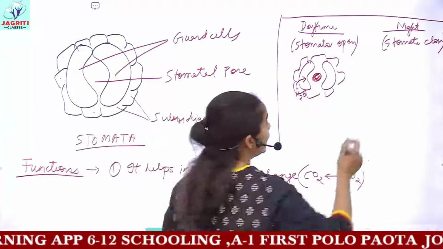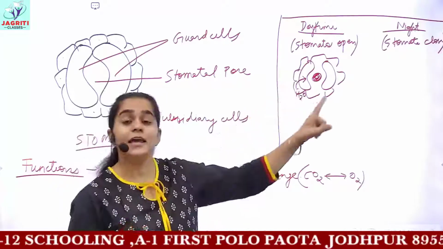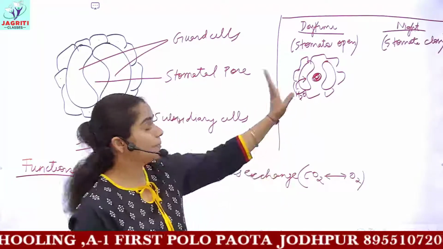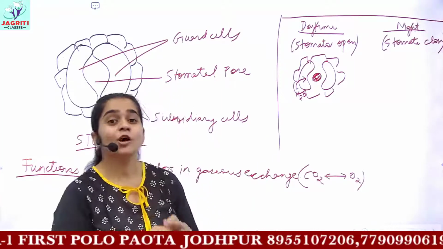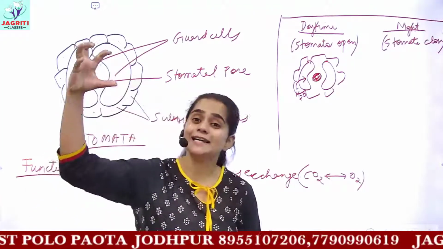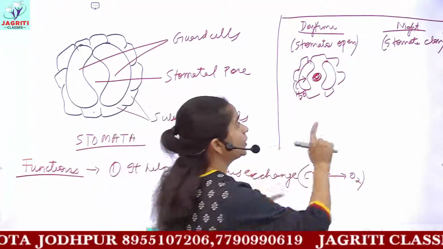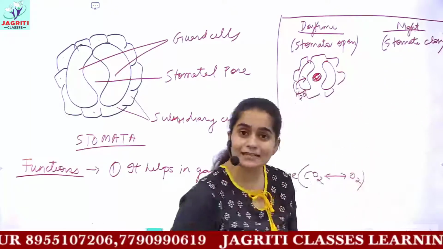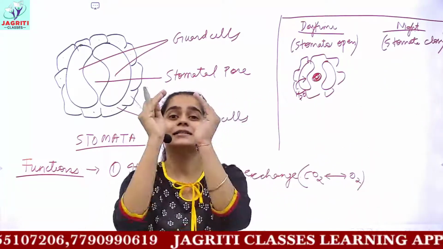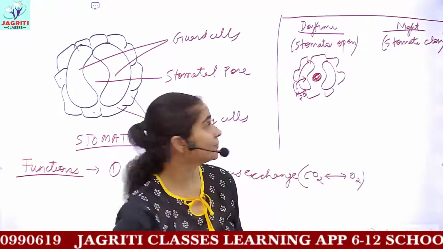But in the night time, the concentration of water in the guard cells is very high as compared to subsidiary cells. And you know, by the process of osmosis, water moves from higher concentration to lower concentration. As a result, water will move from these guard cells to the subsidiary cells, and these guard cells will shrink up, and hence they would close the stomatal pore.